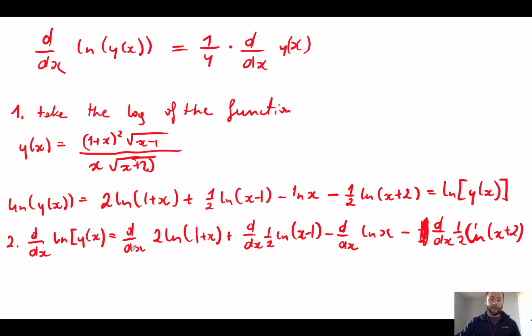Now if I take a derivative of those two terms, let's take a look at the right hand side first. So then right hand side, first term is d dx of 2 ln of, in the bracket, 1 plus x, and by the chain rule that is going to turn into 1 over 2 by 1 plus x.